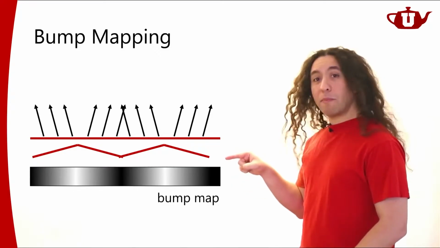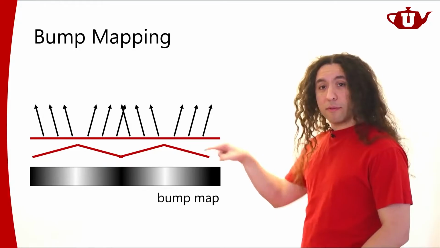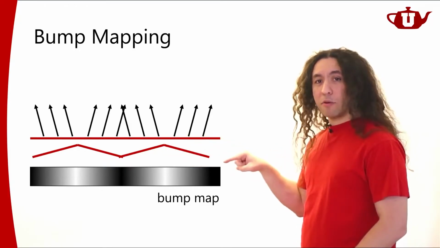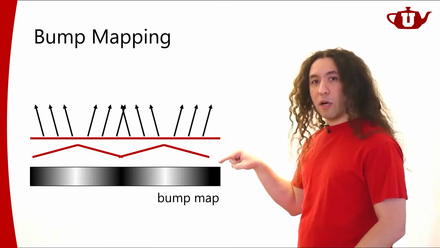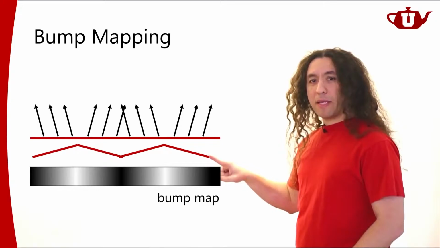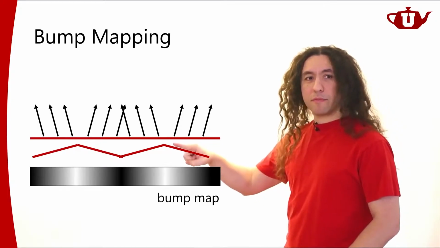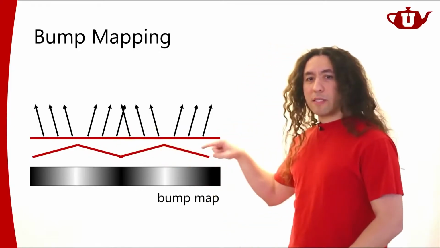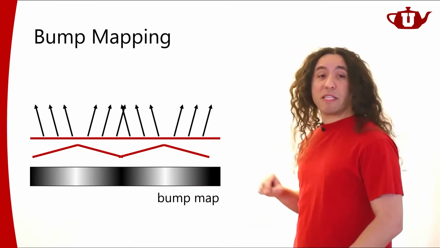Here, dark means lower and white means higher, right? You see that there's this gradient going from dark to bright, so black to white. That means I have a ramp, right? And then another ramp down, and then a ramp up, down. So this is what this bump map specifies.